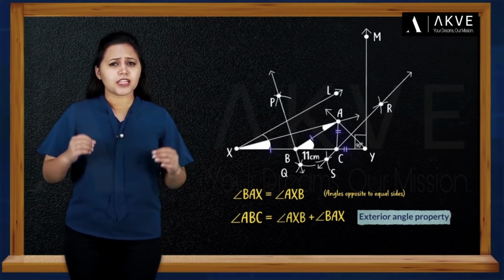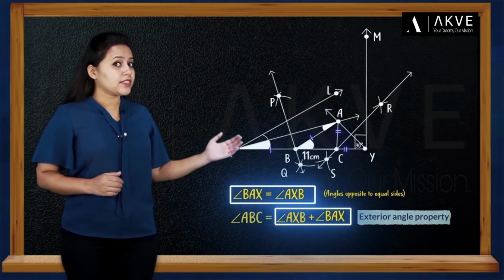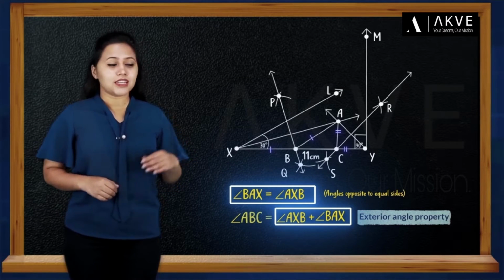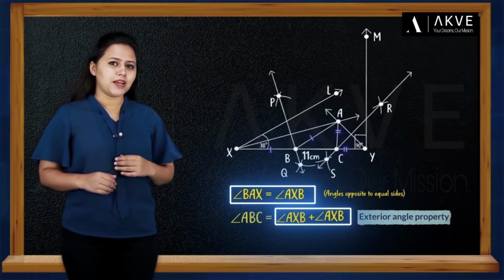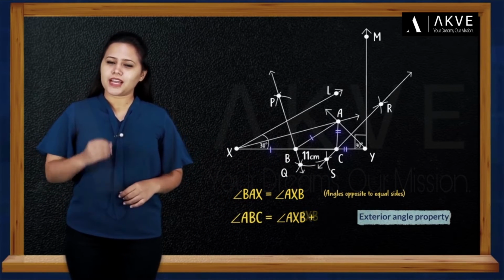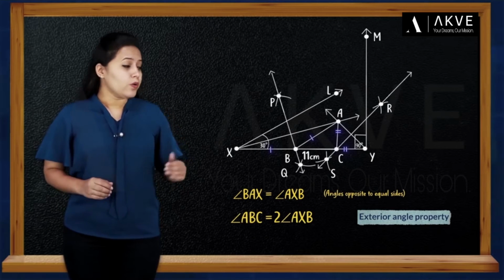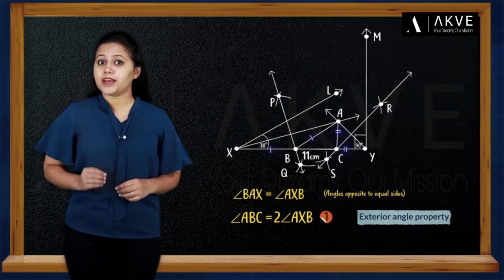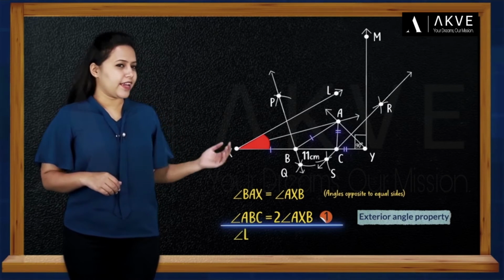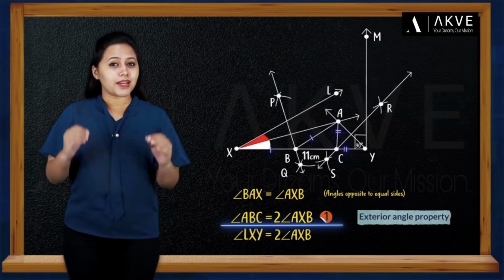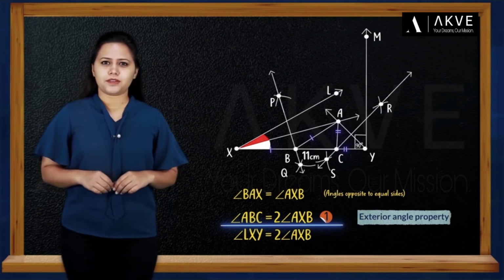As both the angles on the right hand side are equal, angle ABC can be written as angle AXB plus angle AXB, which is simply 2 times angle AXB. Now name this equation 1. We know that angle LXY is twice the angle AXB because we got the angle AXB on bisecting the angle LXY.